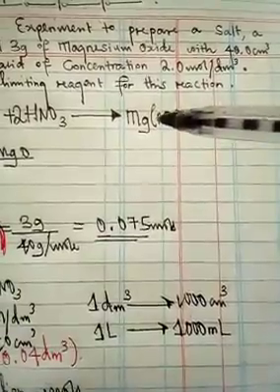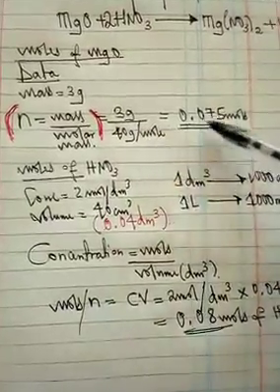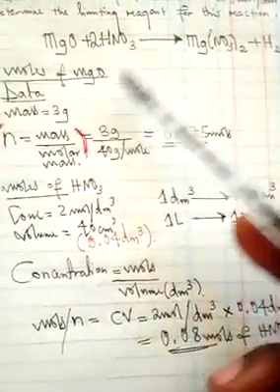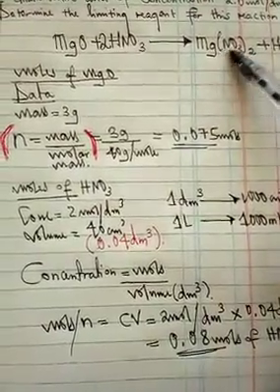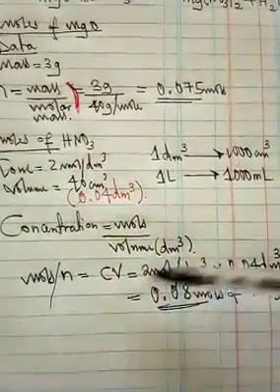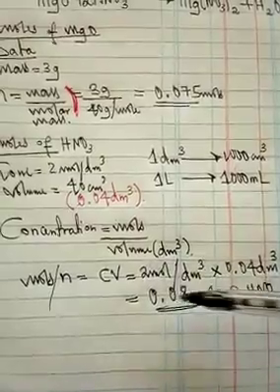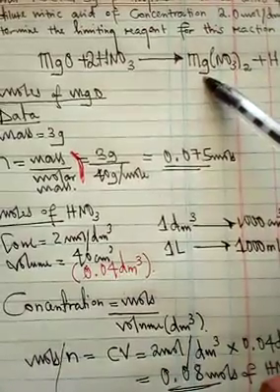Once we pick magnesium nitrate, we are going to use the number of moles of magnesium oxide to find the number of moles of magnesium nitrate. And then we are going to repeat the same procedure, this time using the number of moles of nitric acid to find the number of moles of magnesium nitrate.